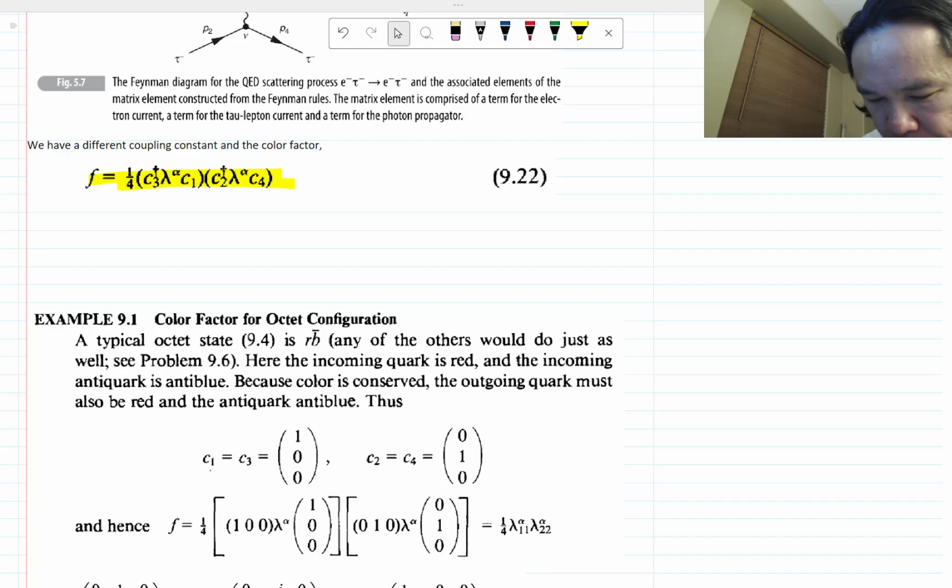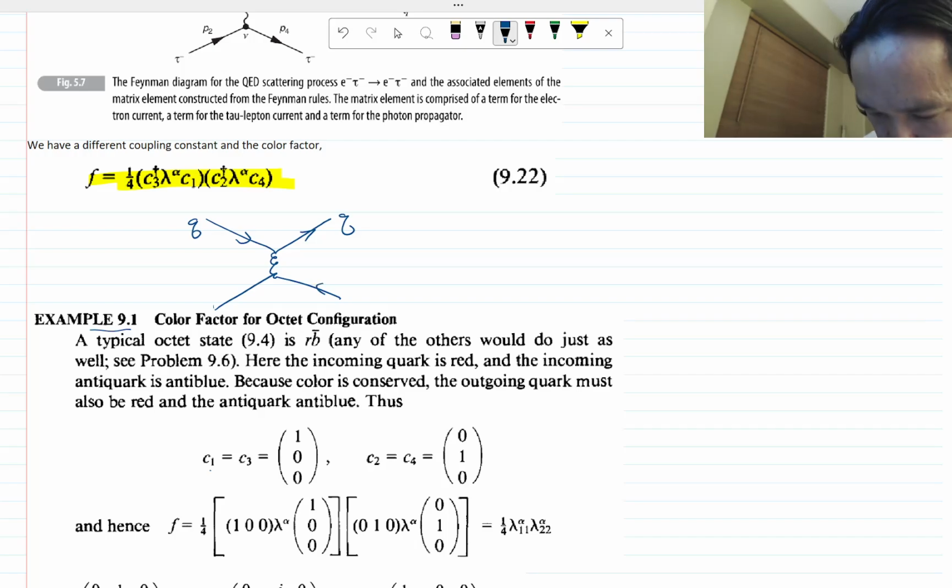So we're going to do example 9.1 in Griffiths, but the idea is that maybe we have some quark coming in, and then it spits off a gluon, and then you have a quark coming out. And then we have an anti-quark coming in. Let's say this top one is red, so this is the one with P1, and this is with P3, and since this quark has to carry away that color, the outgoing quark will also be red.